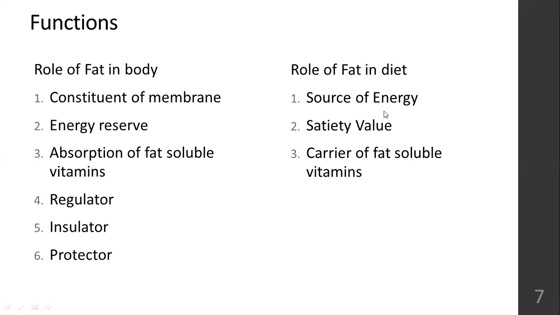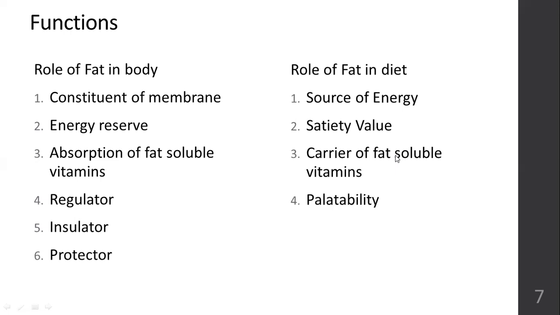Otherwise, not more than 30 grams, as mentioned earlier. 25 grams for women, 30 grams for men, if it is sedentary work. If they are rigorously active, you can increase the fat content by 5 or 6 grams.